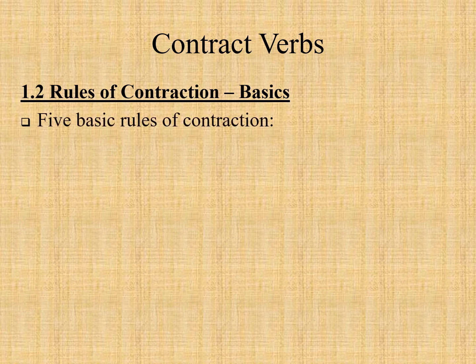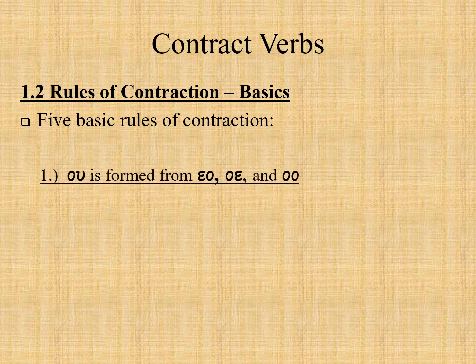There are five different rules of contraction that, if you learn them, would help you to understand the contraction, the contraction vowels, and the contract verbs in general. First, the omicron upsilon vowel pattern is formed when we have the collision of epsilon omicron, or omicron epsilon, or two omicrons.